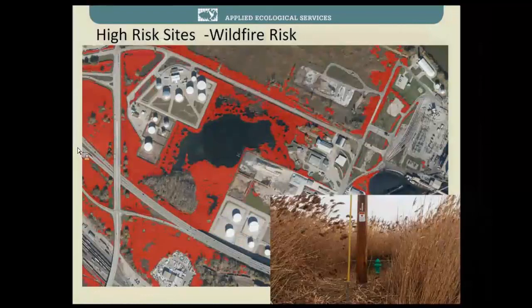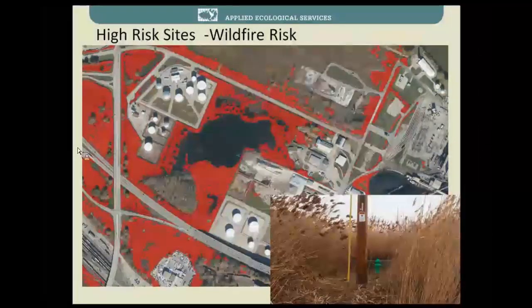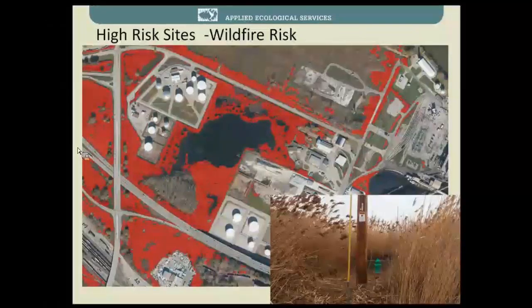This just gives you some sense of the wildfire risk. I don't know about you guys, but anytime you've got 40 or 50 tons per acre of very highly combustible biomass sitting next to very highly combustible tank farms, oil, petroleum distillate tank farms, this is an equation that is, well, I don't think TSAC knows about this yet, because I don't think they understand Phragmites, but this is a real risk.